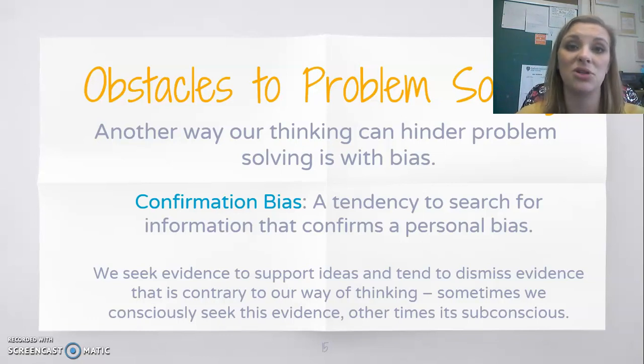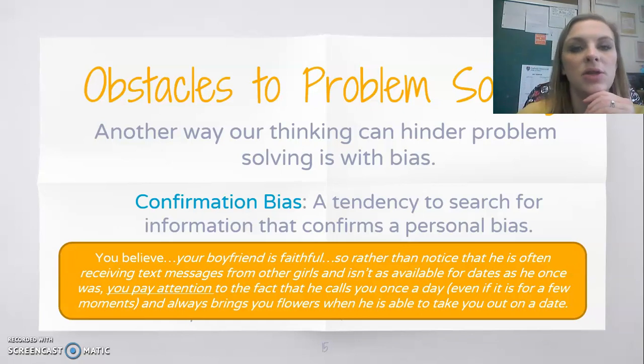So if you have a particular stereotype in your brain, let's say about a cheerleader, your brain might automatically search out examples that fit that stereotype, okay? That's confirmation bias. So, for example, you believe your boyfriend is faithful.